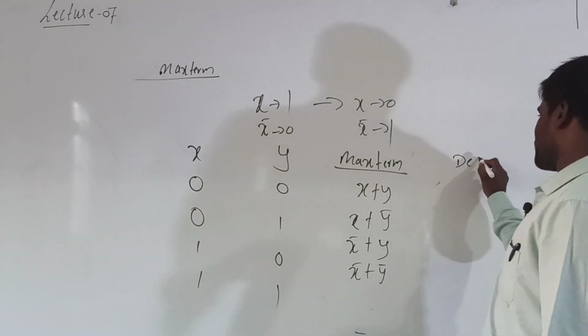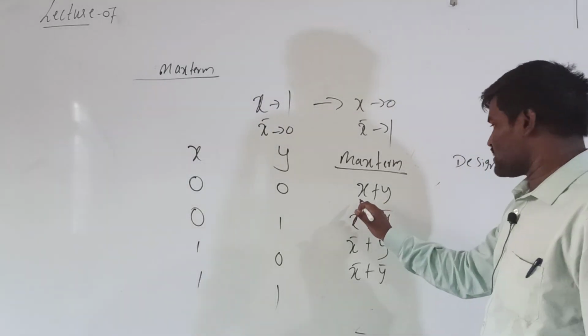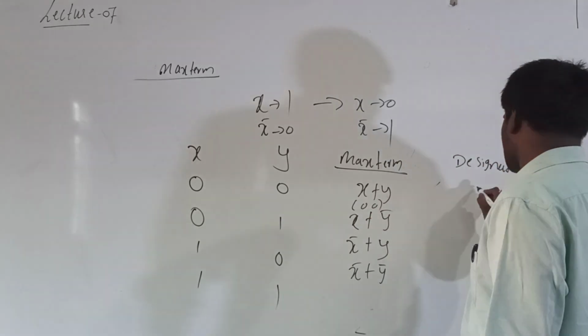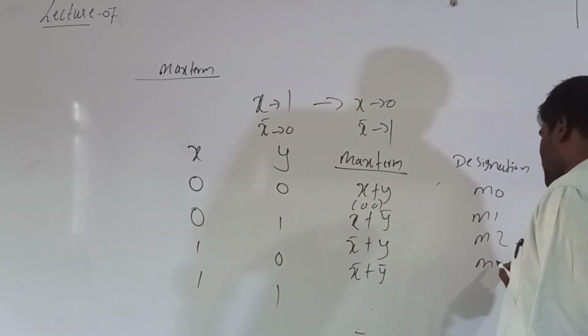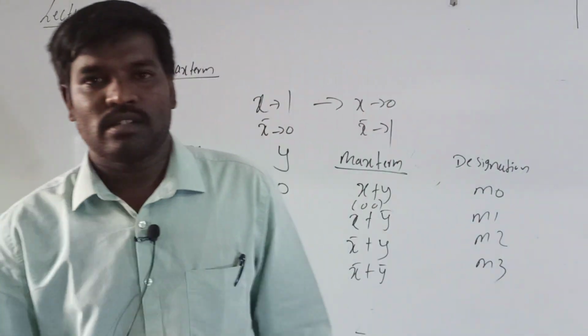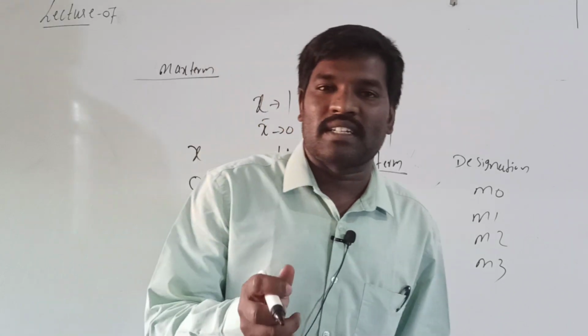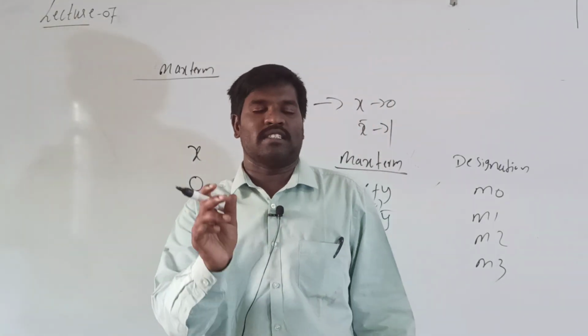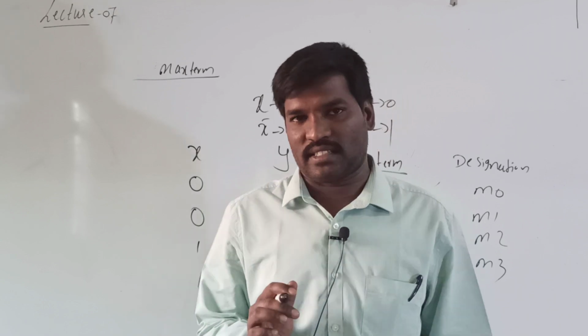Next, designation. Again same, here x and y are 0 0, it means m0. In the same way, m1, m2 and m3. So it is similar to the min term; the only difference is that the min term is a product of literals, max term means sum of literals.